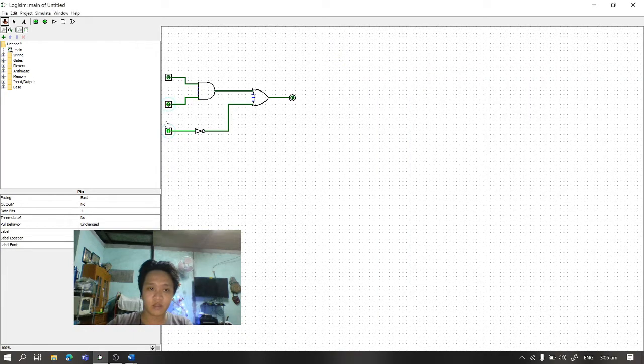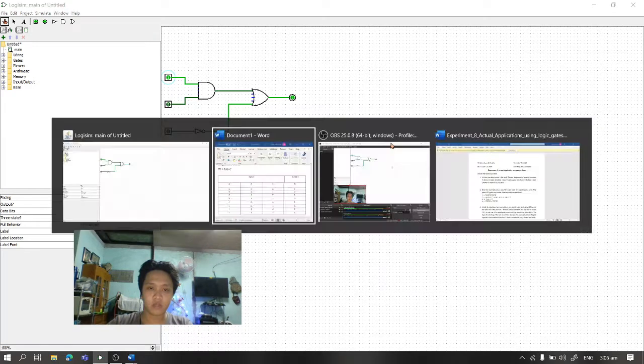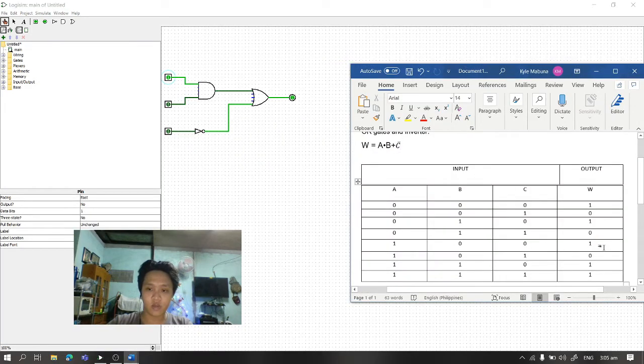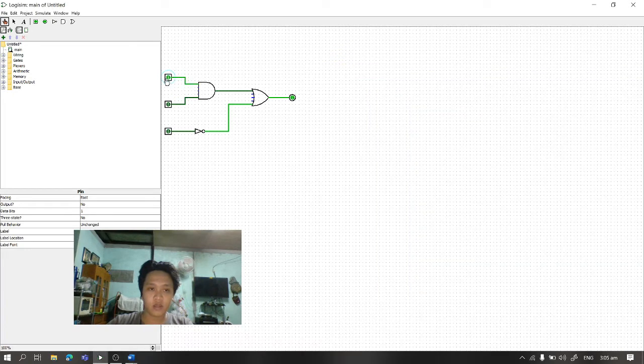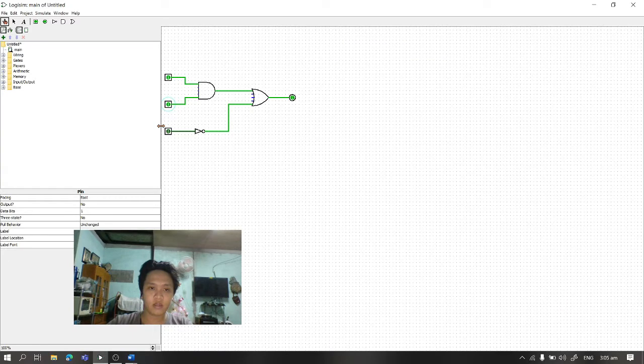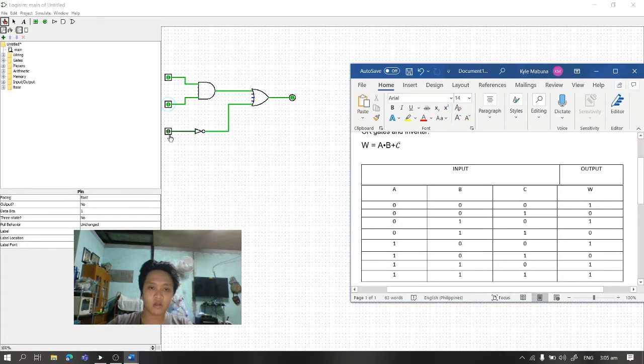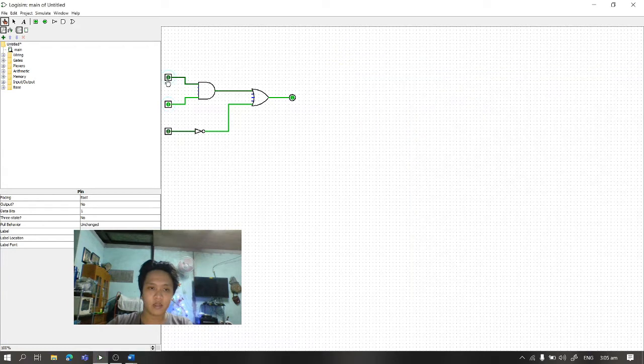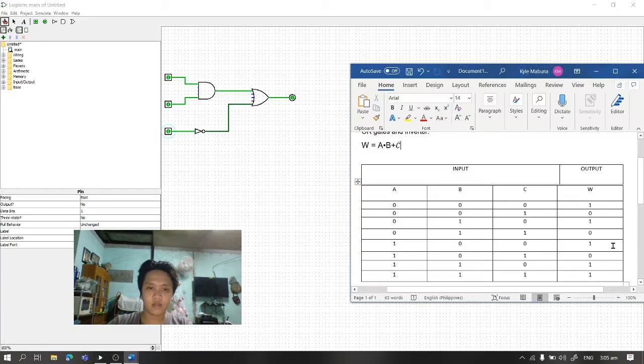If 1 0 0, the output is also 1. If 1 0 1, the output is 0. If 1 1 0, the output is also 1. And the last one, 1 1 1, the output is also 1.